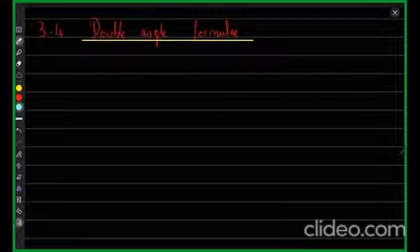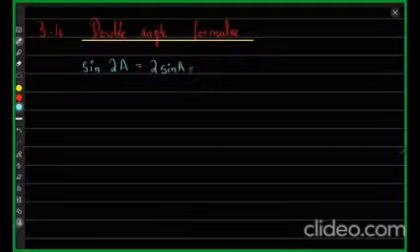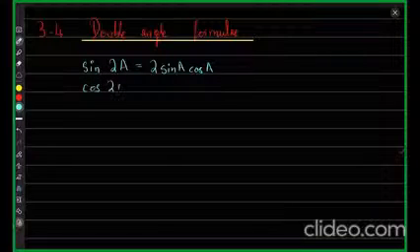For example, sine of 2a is equal to 2 sine a cos a. Similarly, if we talk about another scenario, let's say cos with double angle, meaning twice the angle, it is going to be cos square a minus sine square a.